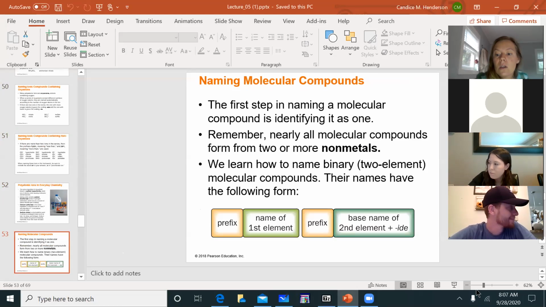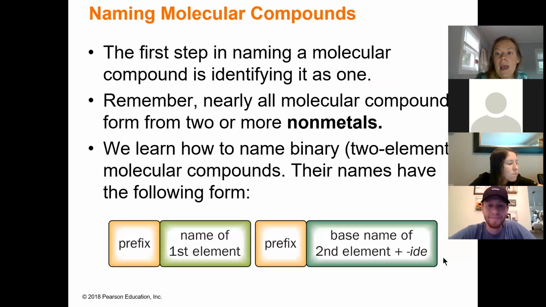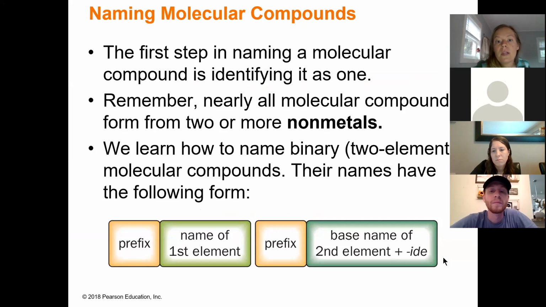Okay. So now what happens when we have two nonmetals? So let's say we have something like carbon and oxygen. Well, the thing with two nonmetals is that because they're not transferring electrons, they can combine in a variety of different ways.